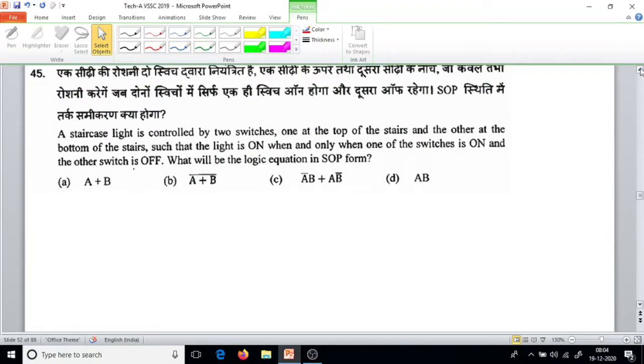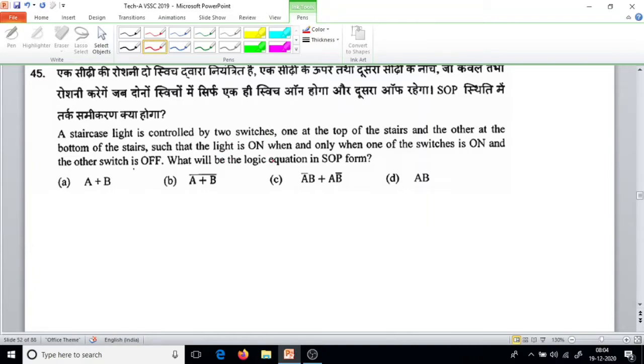Question number 45. A staircase switch. A staircase light is controlled by two switches, one at the top of the stairs and the other at the bottom, such that the light is on when and only when one of the switches is on and the other switch is off.